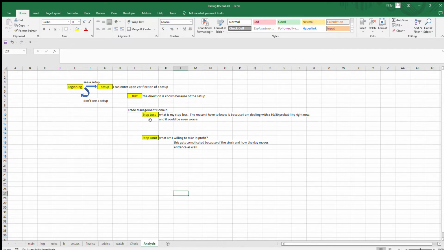Stop loss and stop limit. This is so simple, right? And once I exit from here or hold, what I can do is hold and evaluate.